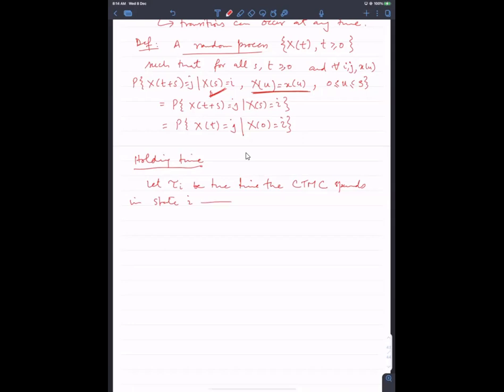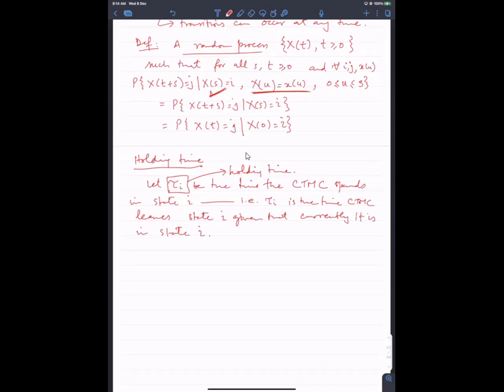That is, tau i is the time the CTMC leaves state i, given that currently it is in state i. And this tau i is called the holding time in state i.